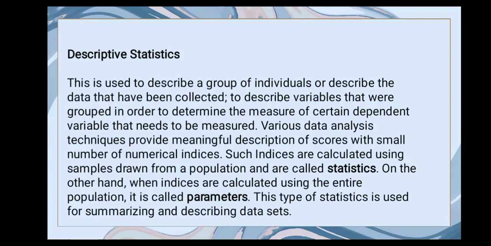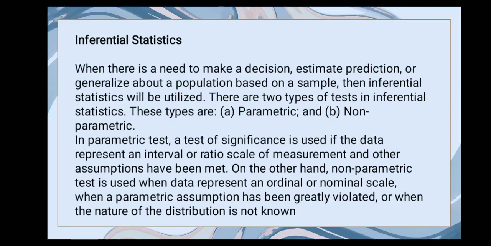Such indices are calculated using samples drawn from a population and are called statistics. On the other hand, when indices are calculated using the entire population, they are called parameters. This type of statistics is used for summarizing and describing data sets.